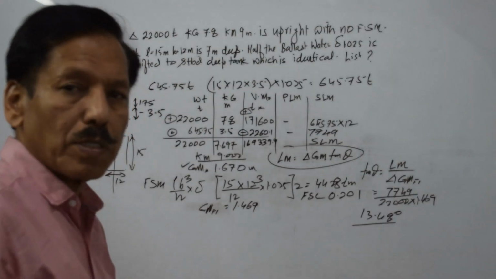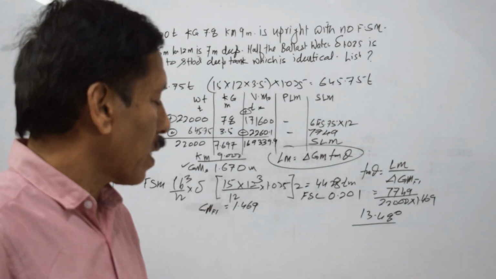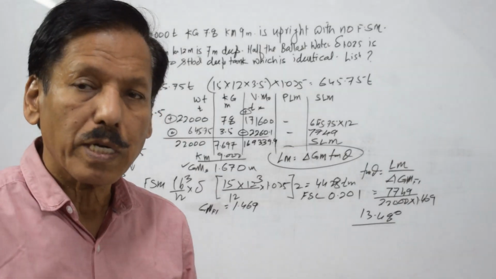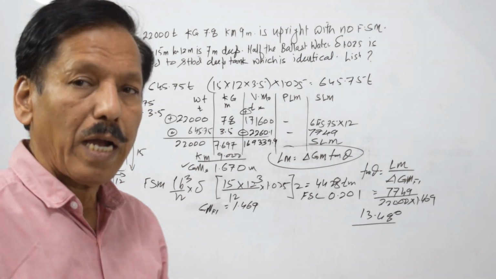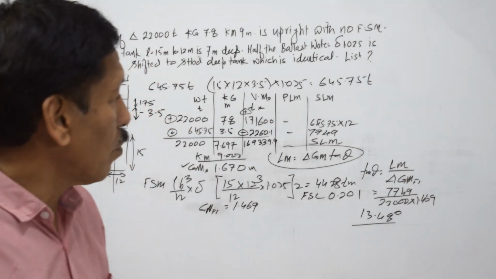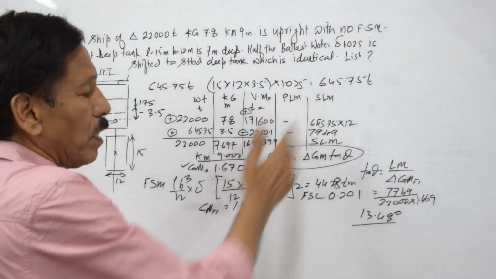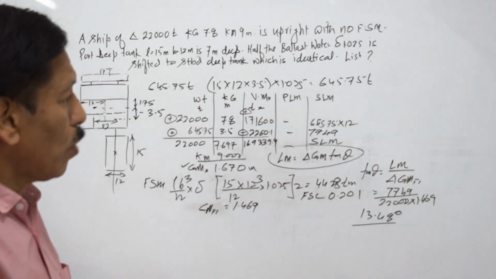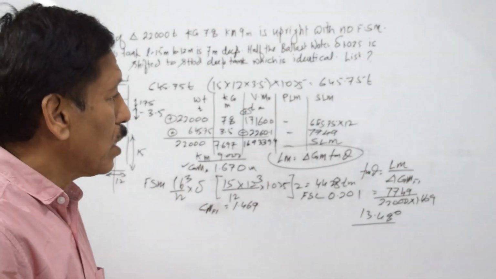So this kind of list would be obtained. The point to be noted here is that the GM is low and there is a large listing moment caused because we are shifting a weight of 645.75 tons through a distance of 12 meters.